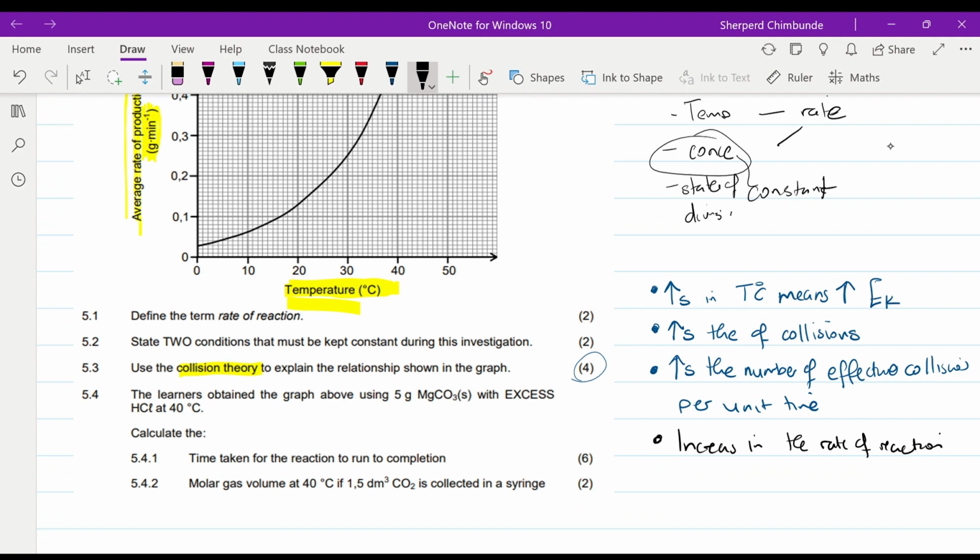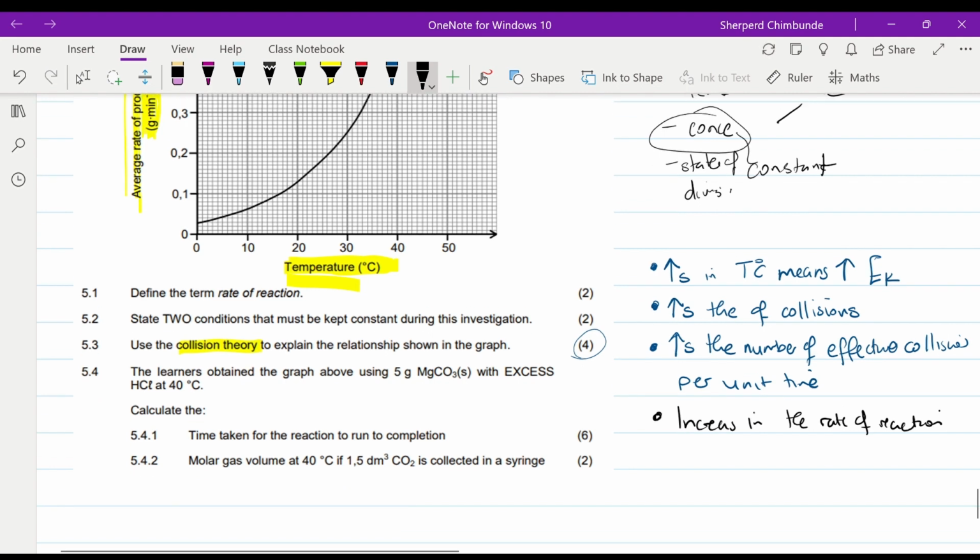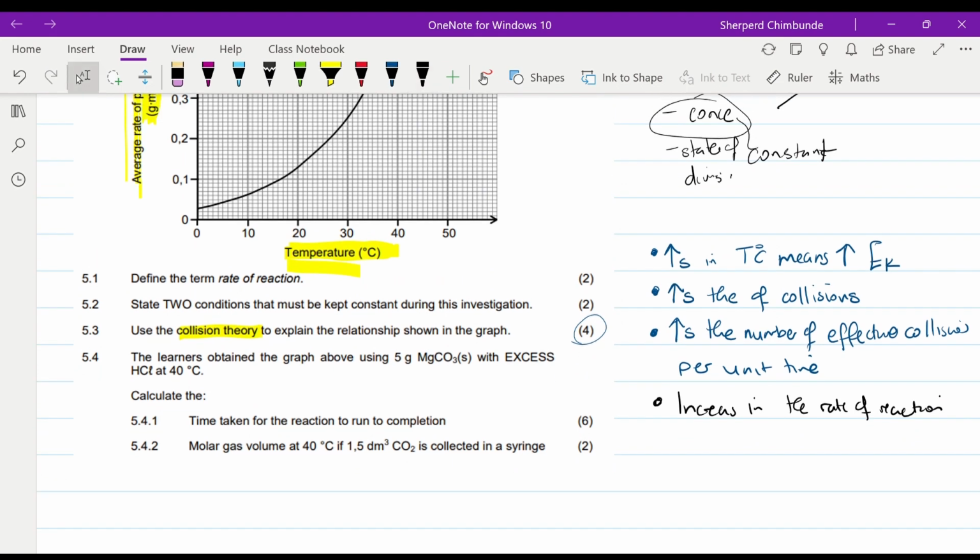This will cause an increase in the number of collisions, and if the number of collisions increases, we're going to have an increase in the number of effective collisions per unit time, which will result in an increase in rate of reaction. Then the next part, they say the learners obtained the graph above using 5 grams of magnesium carbonate with an excess of HCl at 40 degrees.